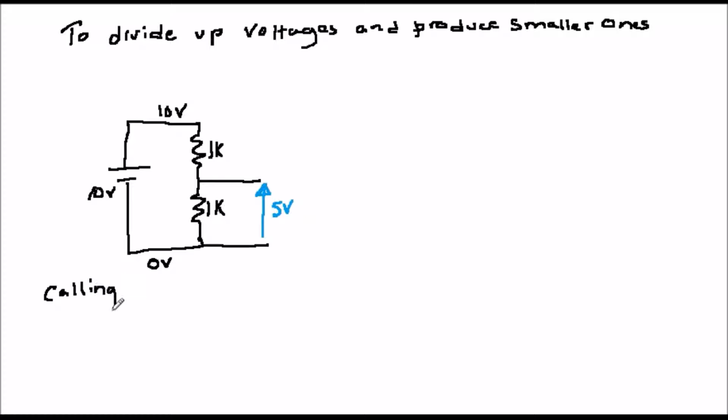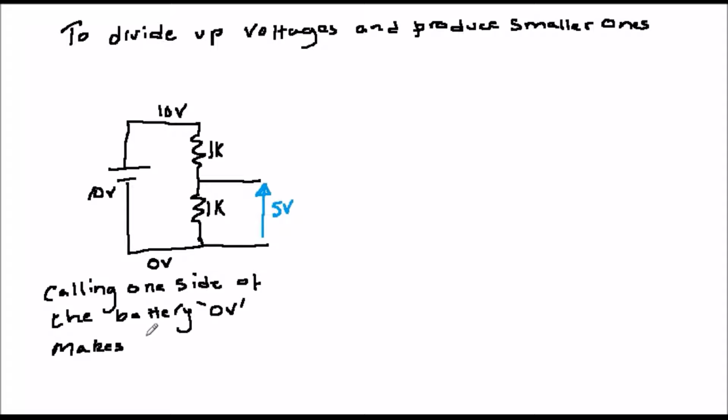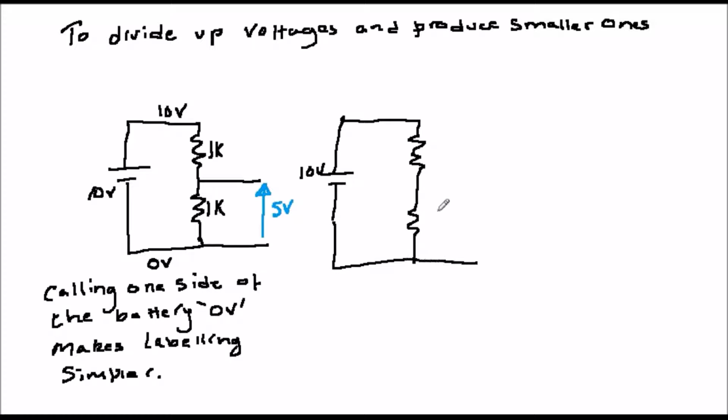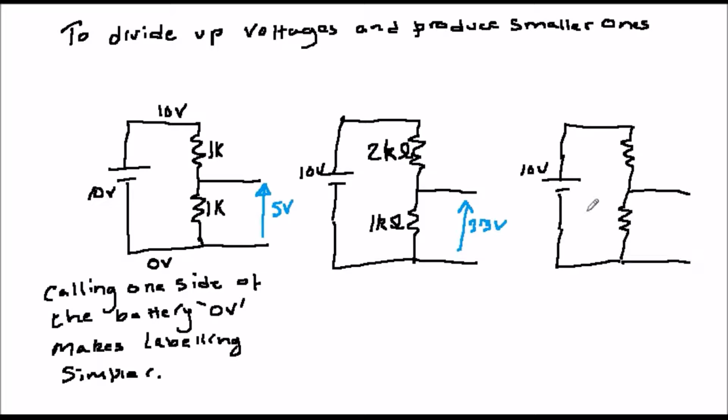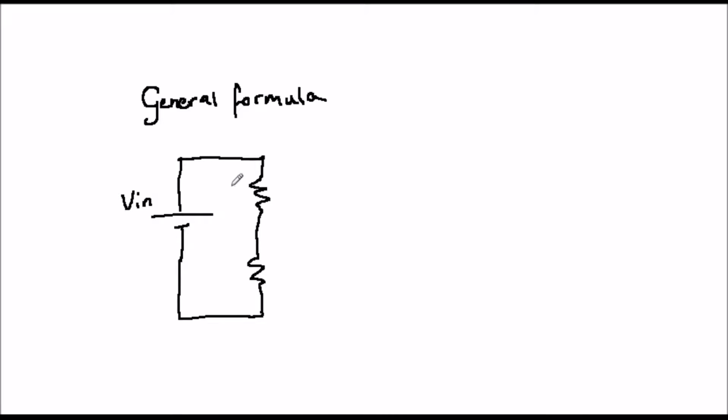As an exercise, see if you can prove that this is the case from Ohm's law. Similarly, we can divide up any voltage by the ratio of the two resistors. Here's another couple of examples. The general formula for a voltage divider, so that you can work out any ratio you like, is shown below.